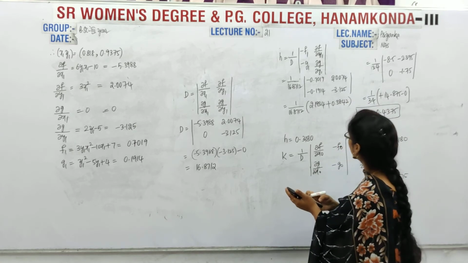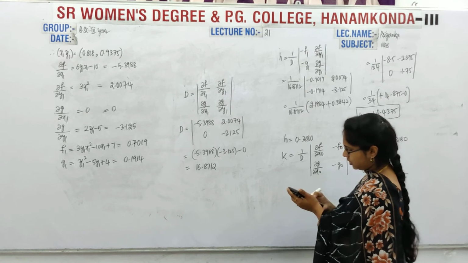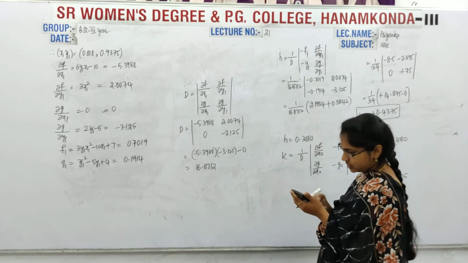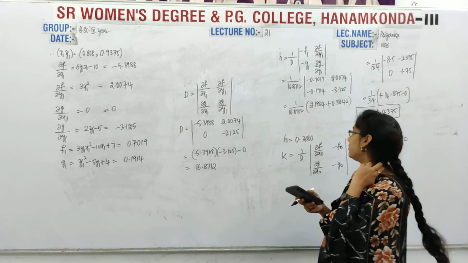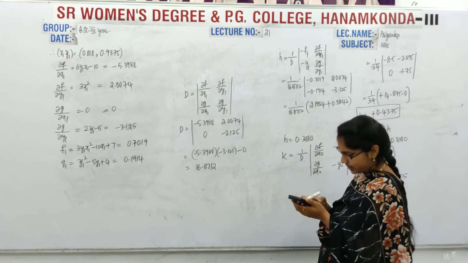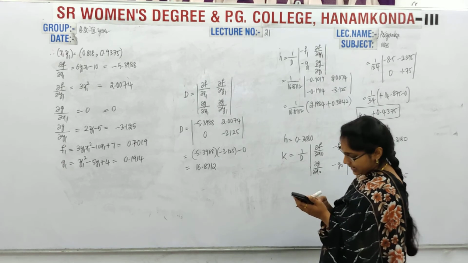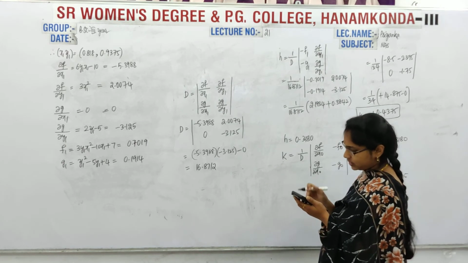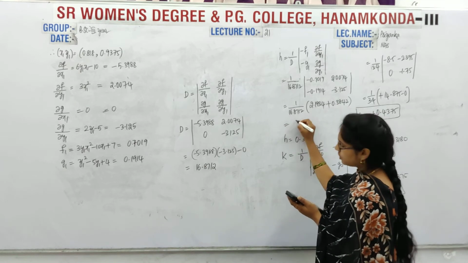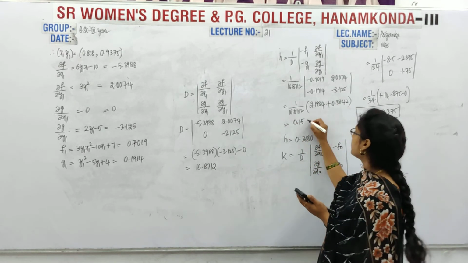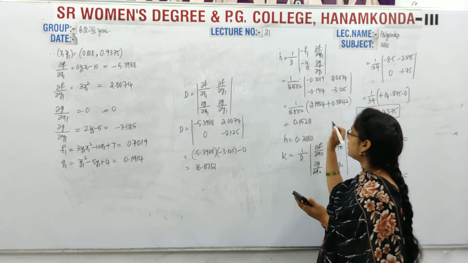Now add these two, 2.1934 plus 0.3842. What is the addition? 2.5776 divided by 16.8712. Now H is equal to 0.15278, so I am taking 0.1528.